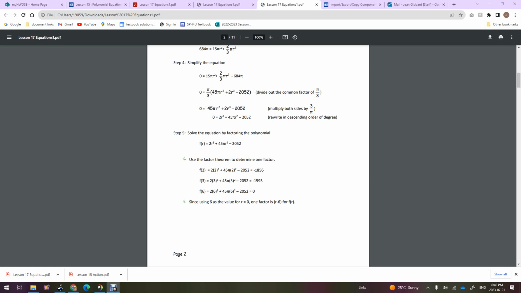So now we have 2 times 6 cubed plus 45 pi times 6 squared minus 2052. It's equal to 0. So now we know that using 6 as the value for r equals 0 is working, which means it's now one factor.